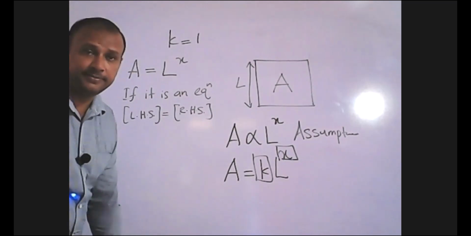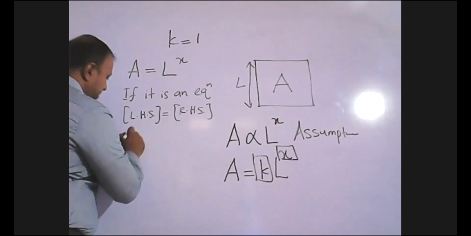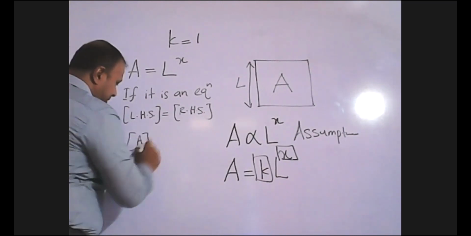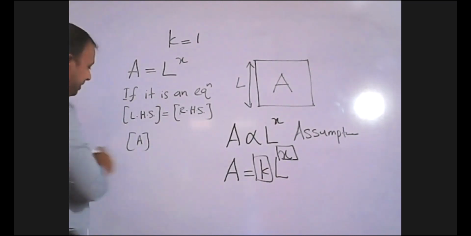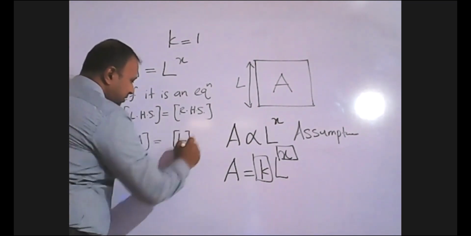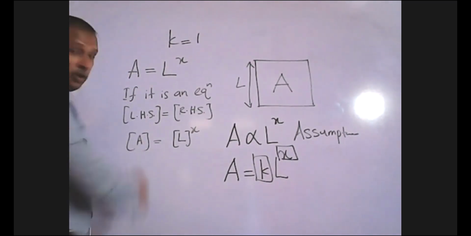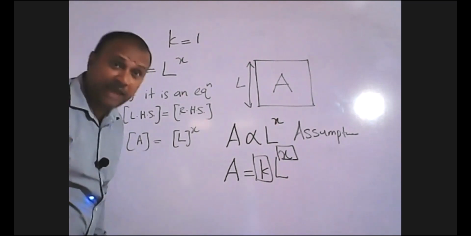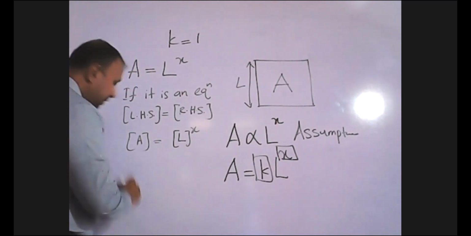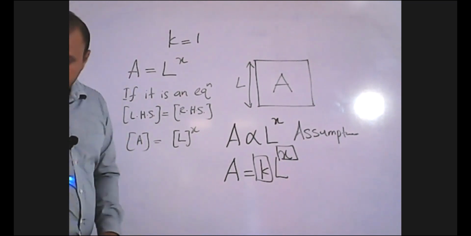Dimension of LHS means dimension of area. Dimension of area is equal to dimension of length to the power X, L to the power X. Now I know the dimension of A, that is L squared, no?